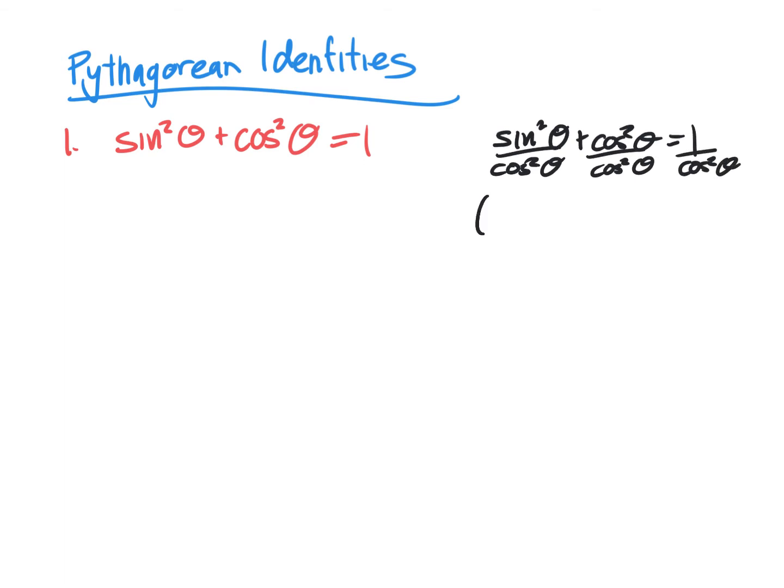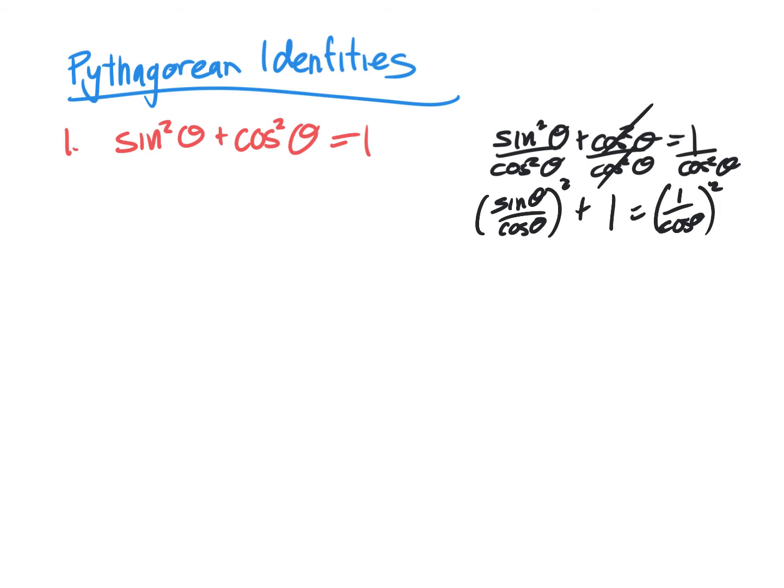so now we can rewrite this. Sine squared over cosine squared is sine of theta over cosine theta quantity squared, plus this cosine squareds cancel, so that's just 1. And then we can rewrite the 1 over cosine squared of theta as 1 over cosine of theta quantity squared.